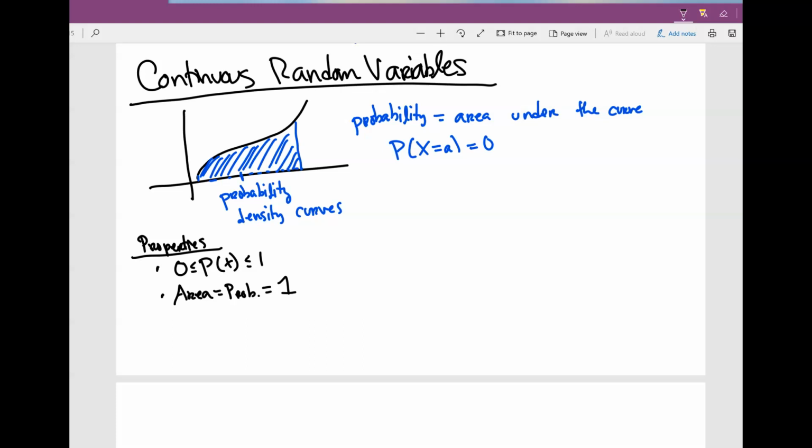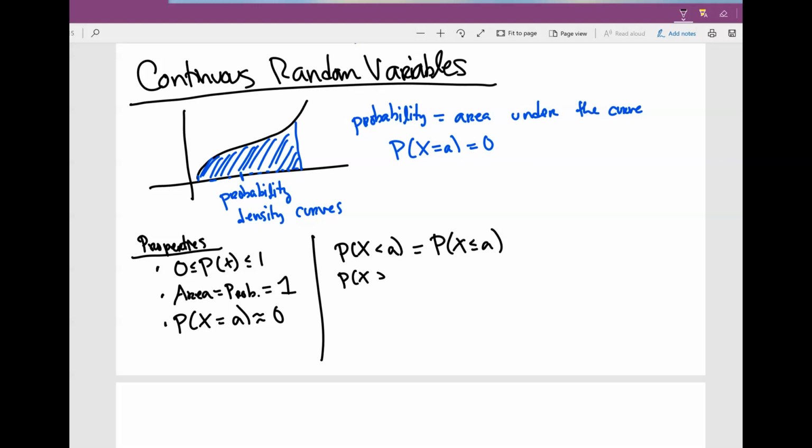Also, the probability of x equaling a, some particular number, is approximately equal to 0. Also, the probability of x being less than a is equal to the probability of x being less than or equal to a. And the same thing goes for the probability of x being greater than a, which is also equal to the probability of x being greater than or equal to a.